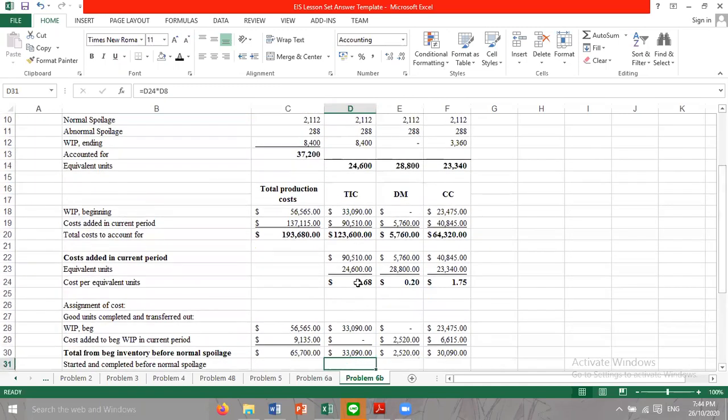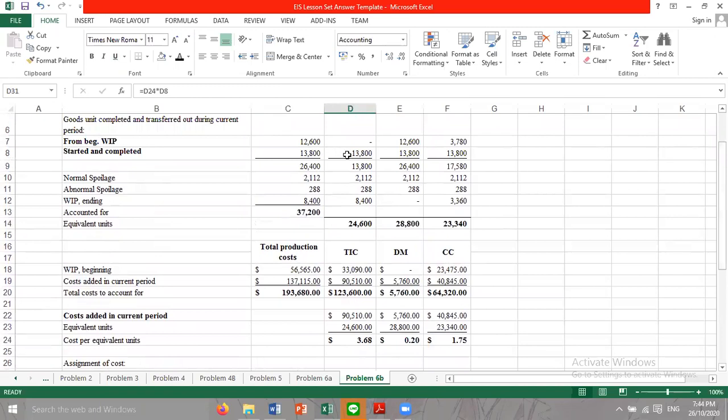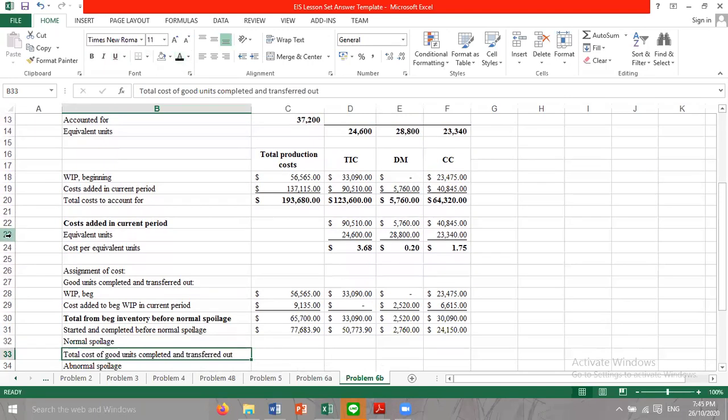We multiply cost per equivalent units with the equivalent units from started and completed, which is just 3.68 times 13,800. Same thing, multiplied by 30,800. Same thing for conversion cost. We'll get a total sum of 77,683.90.